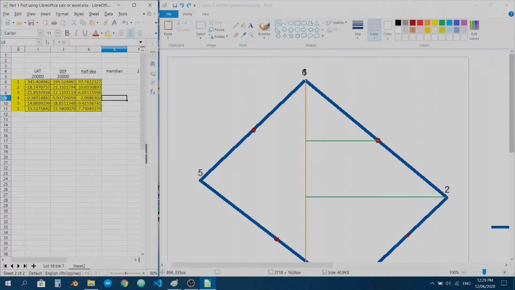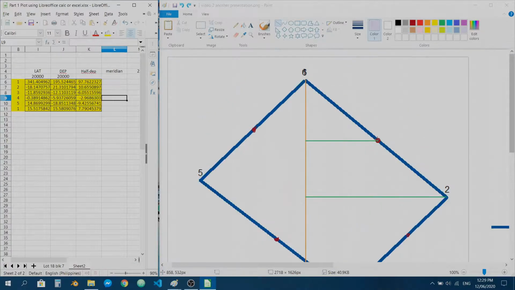In this example, the meridian is the horizontal distance between the midpoint of a given line and the common vertical line or axis. In this example, for our first line 1 to 2, the meridian is actually just equivalent to half the departure, since the vertical line coincides with the latitude of 1 to 2.